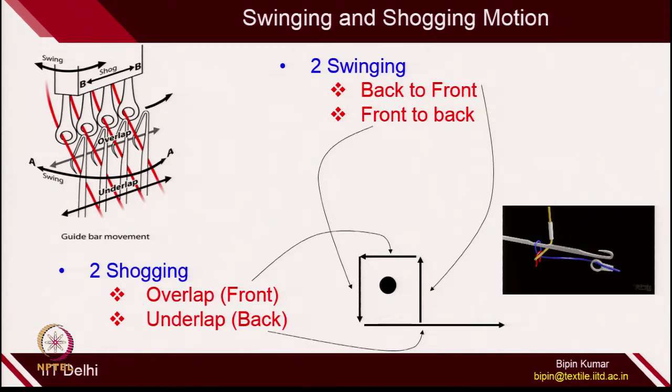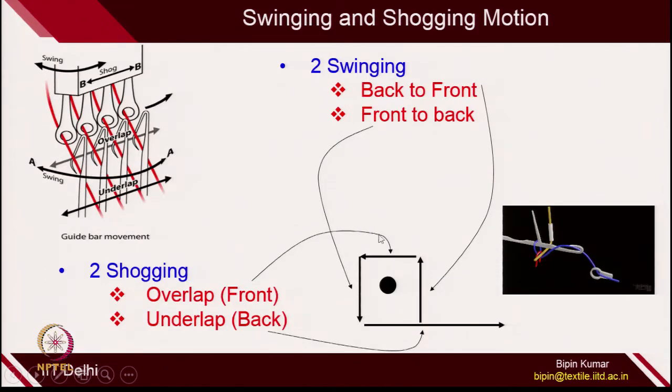Now, I am going to show you many types of fabric samples where the structure differs only because of the movement of either underlap or overlap. Swinging motion remains the same in almost all the fabric structures you see in the market. The only difference between fabric structures comes from the overlap and underlap movement.